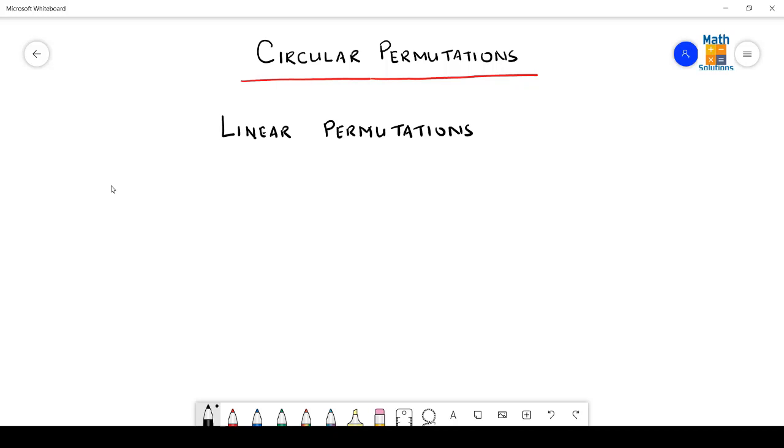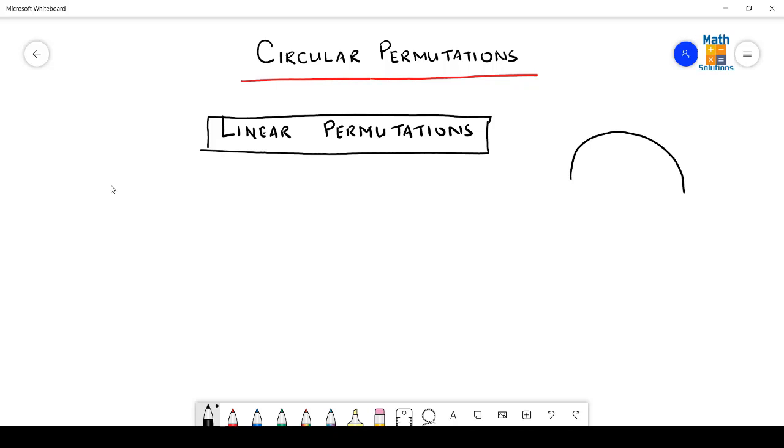In case of circular permutations, there is neither a beginning nor an end. So till now the discussions were on linear permutations. From this video onwards, we shall be starting a new concept, that is circular permutation. From the name itself it is very clear that it is related to a circle.